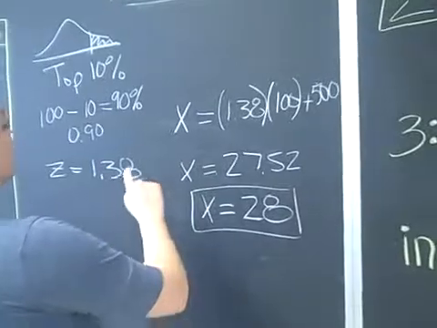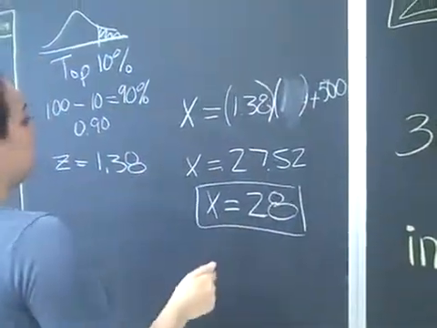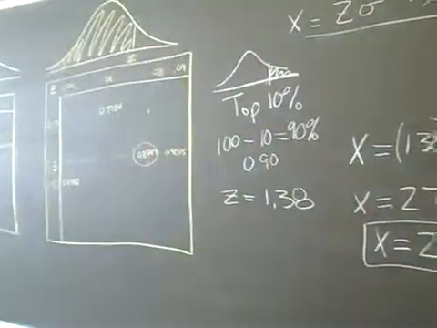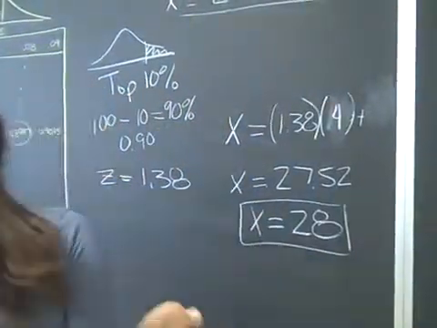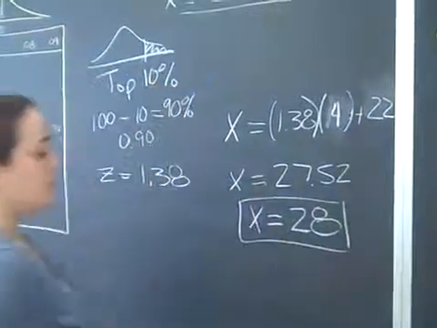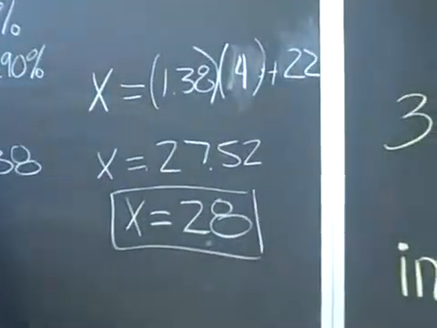And I'm sorry, over here, I wrote this wrong. The standard deviation here was 4, and the mean was 22. My mistake. But it does come out to be 28 here.